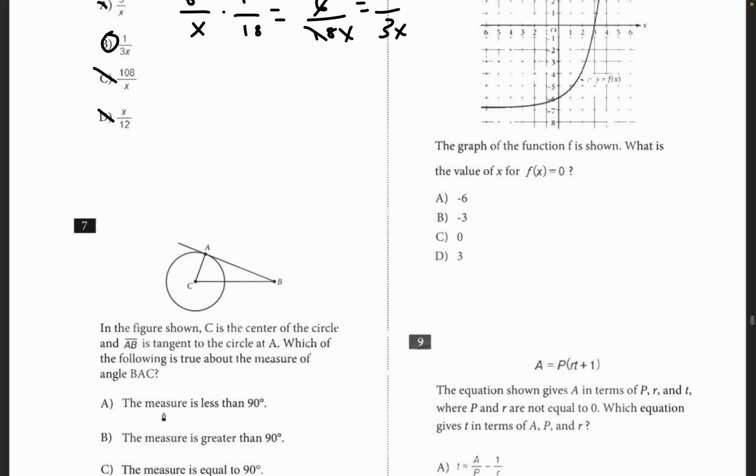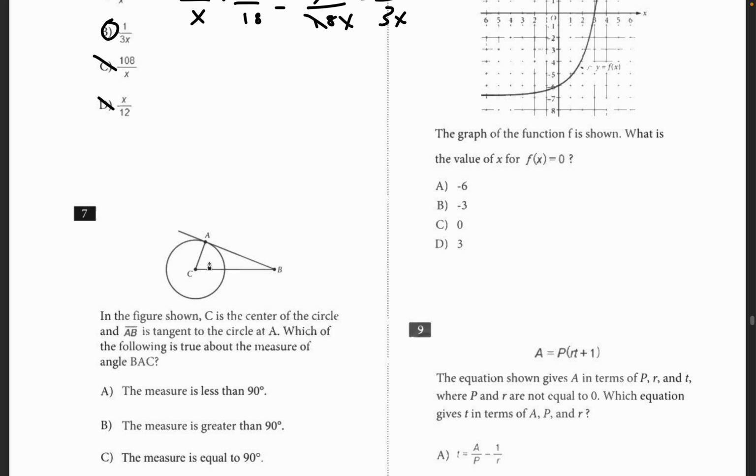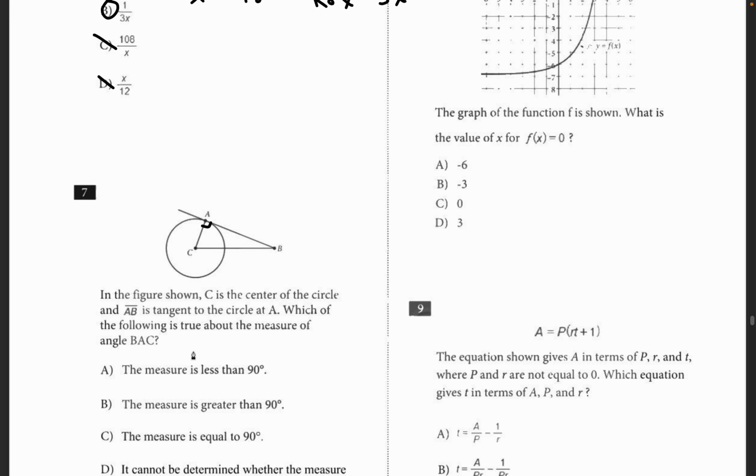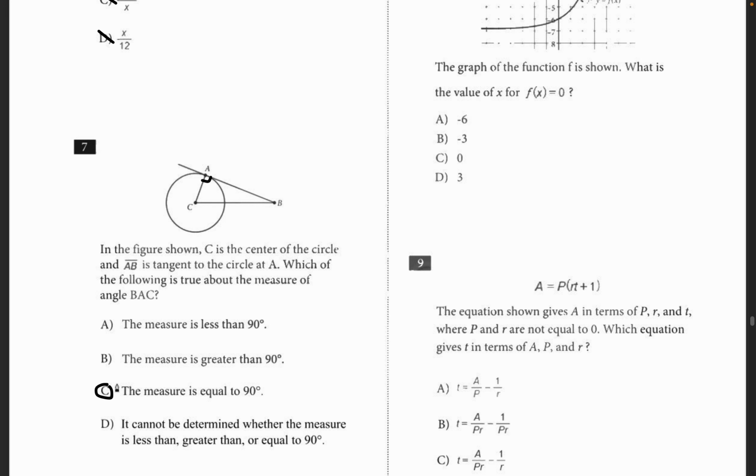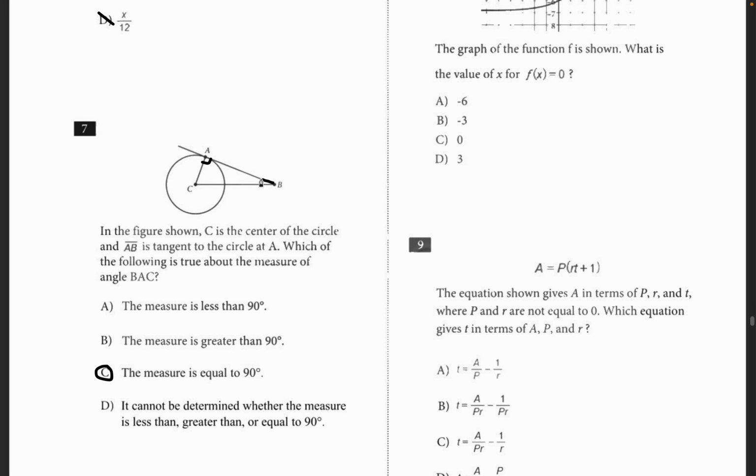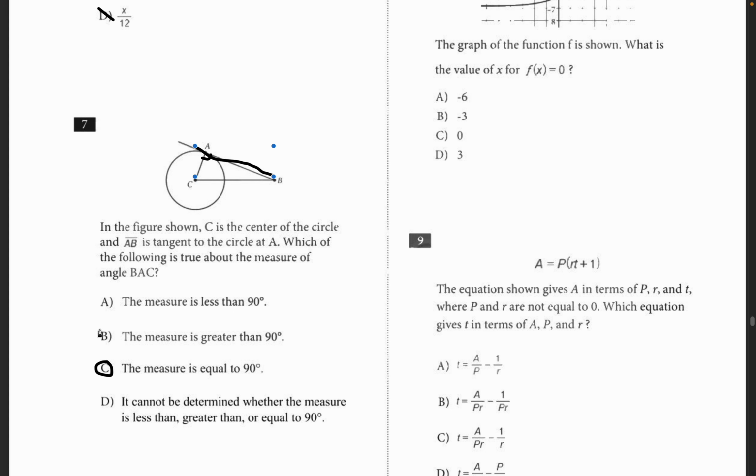In the figure shown, C is the center of a circle and AB is tangent. Okay, so whenever we have a tangent, it's 90 degrees. Which of the following is true about the measure of angle BAC? Oh, it's 90 degrees. Yeah, that's the rule. For any tangent line, whenever it touches the circle, it will always be 90 degrees. That's the rule.